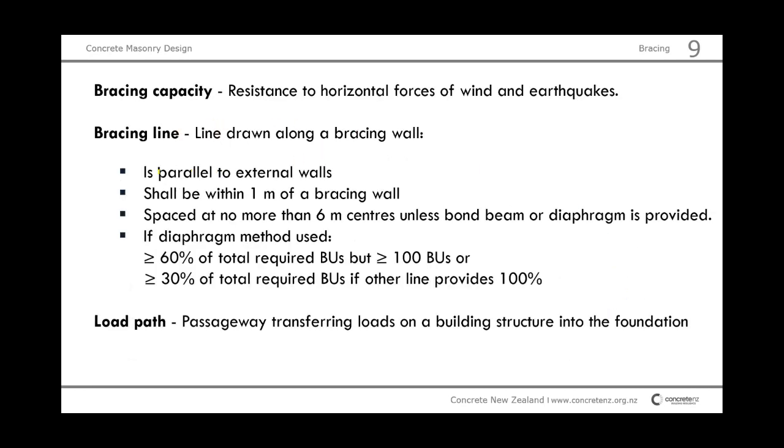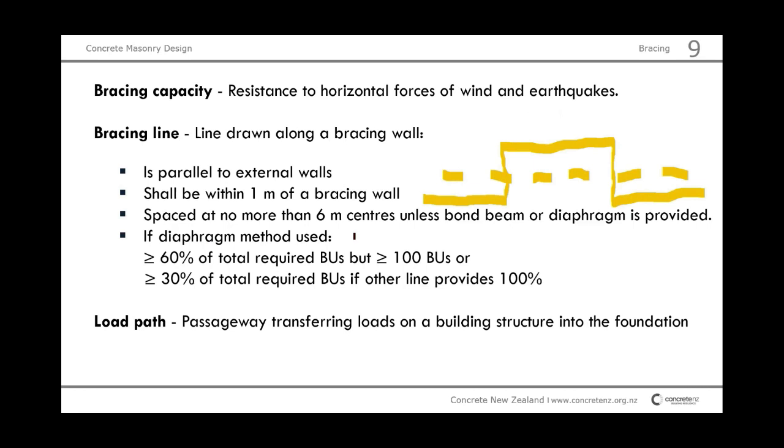A bracing line parallel to external walls shall be within 1 meter of the bracing wall. So let's assume this is our bracing line here. It would be then okay to have the wall here and maybe a bay window 2 meter, 2 meter back. So maybe 4 meter, 2 meter, 2 meter. Then this is still considered as one bracing line as long as this distance is not more than 1 meter apart.